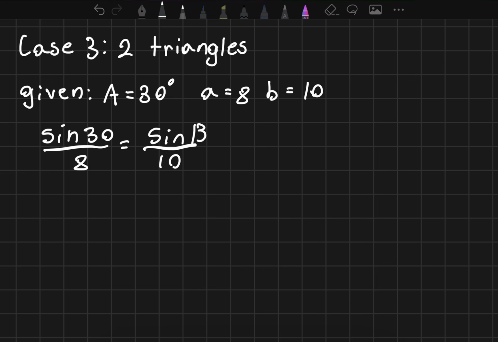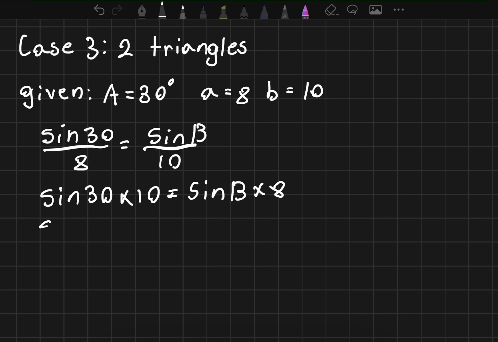Then you set it equal to sine B, so sine 30 times 10 is equal to sine B times 8. Sine B is equal to sine 30 times 10 divided by 8.